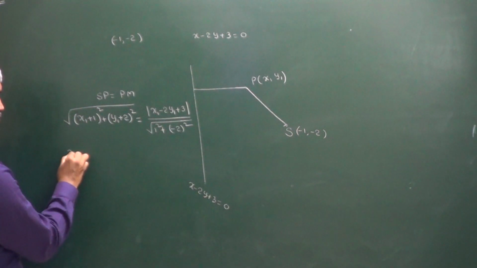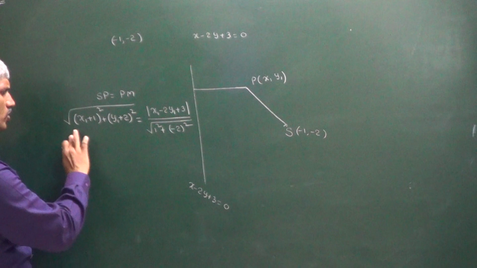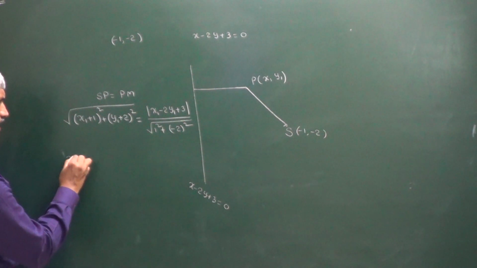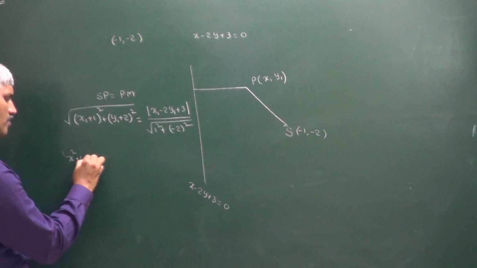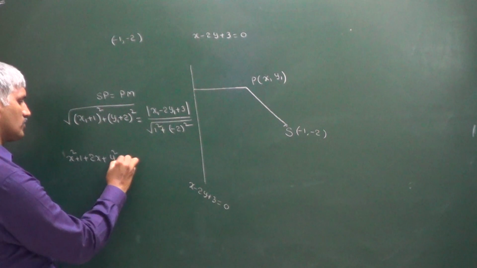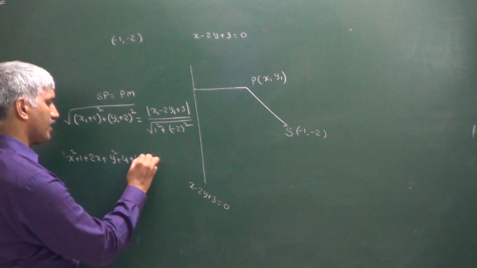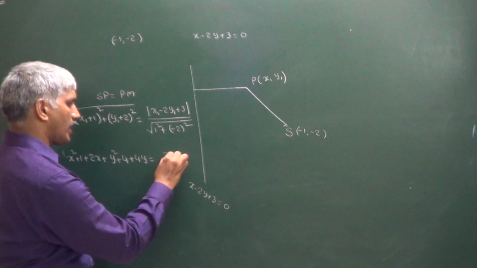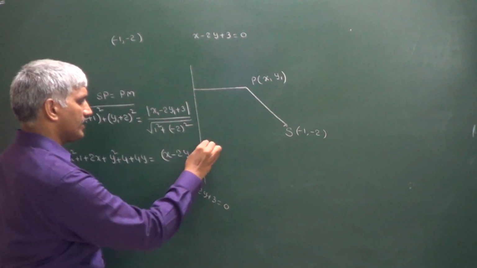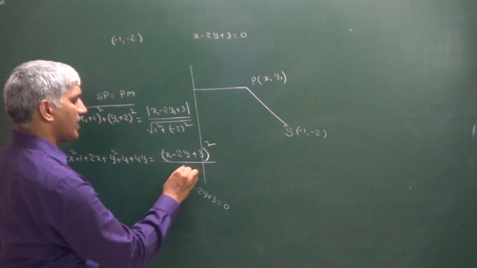Now this is equal to, x1's locus equation. Directly I am writing. Squaring on both sides, you will get x square plus 1 plus 2x plus y square plus 4 plus 4y is equal to x minus 2y plus 3 whole square divided by 5.